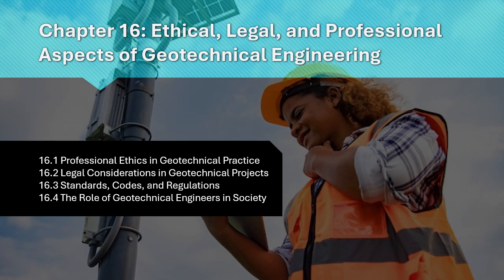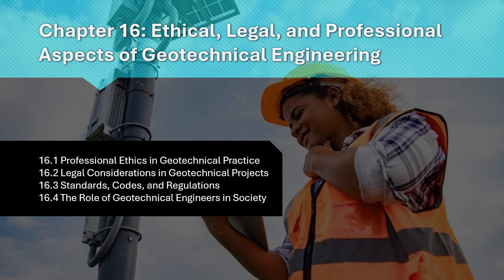Negligence. Geotechnical engineers can be held liable for negligence if they fail to exercise the level of care and expertise that a reasonable professional would in similar circumstances. This can include errors in soil analysis and proper design, recommendations, or failure to detect subsurface hazards. Professional liability.